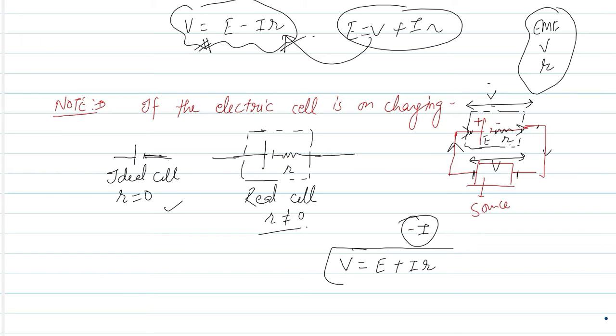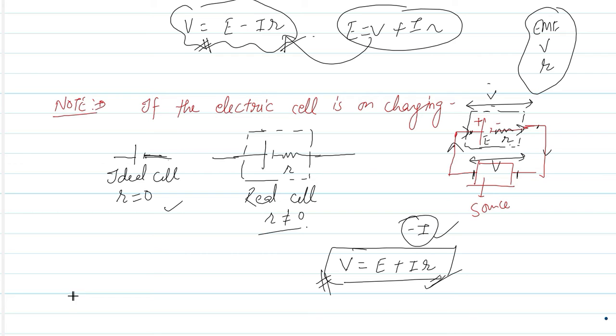You can observe this. How did we get this V equals E plus IR? Because we are just putting E with the negative sign and I with the negative sign. And why is it happening? Because we have connected this cell to the source, which is flowing the current in the opposite sense. So that's why I will have to put the minus sign, right? So we are getting this equation when it is a case of charging.